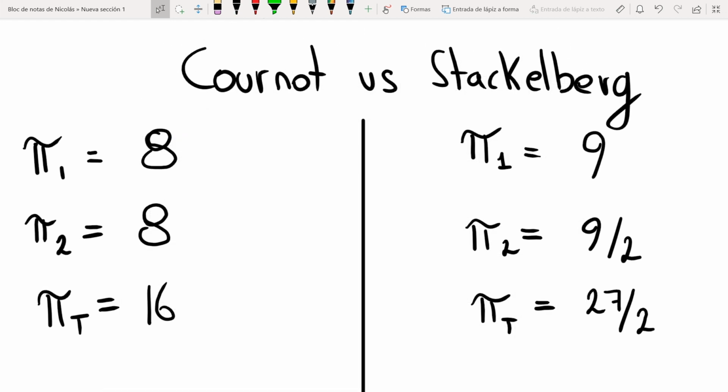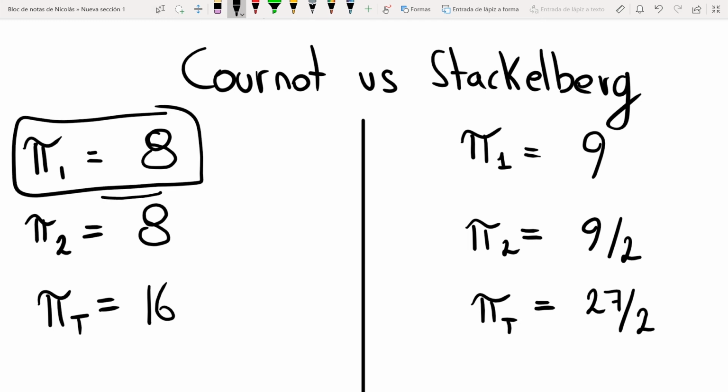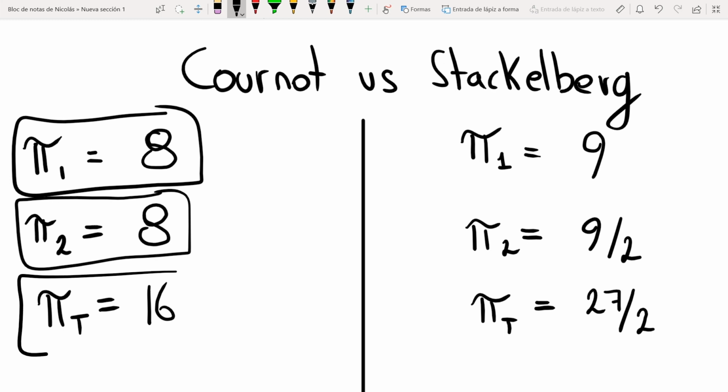And finally, I'd like to make a brief summary and a comparison between the Cournot and Stackelberg models. In Cournot, we can see that both firms had the same profit. Boeing had a profit of 8 and Airbus had a profit of 8, which add up to a total profit of 16 for the whole market.